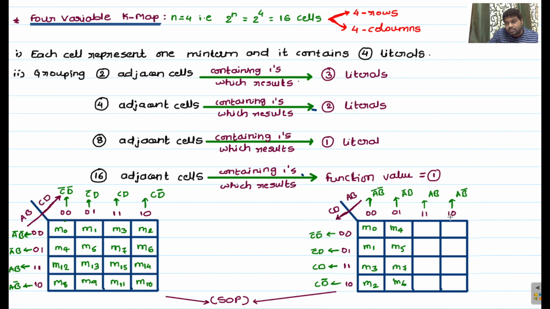Next you go to this 10 position, not 11. Okay, this is the gray code sequence, right? So M8 here, M9, M10 and M11.